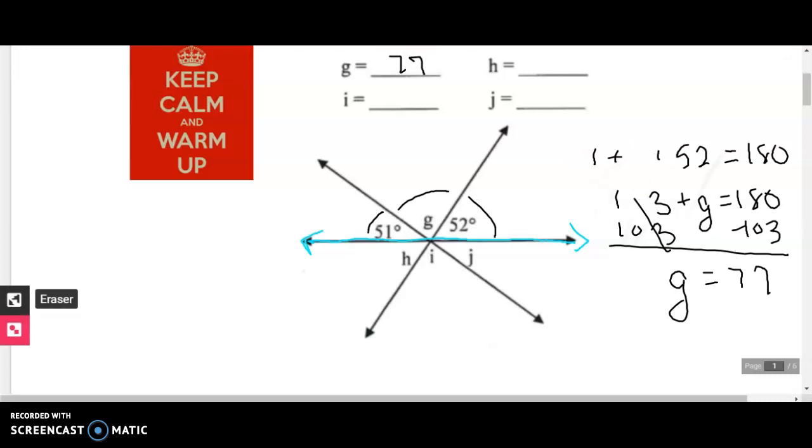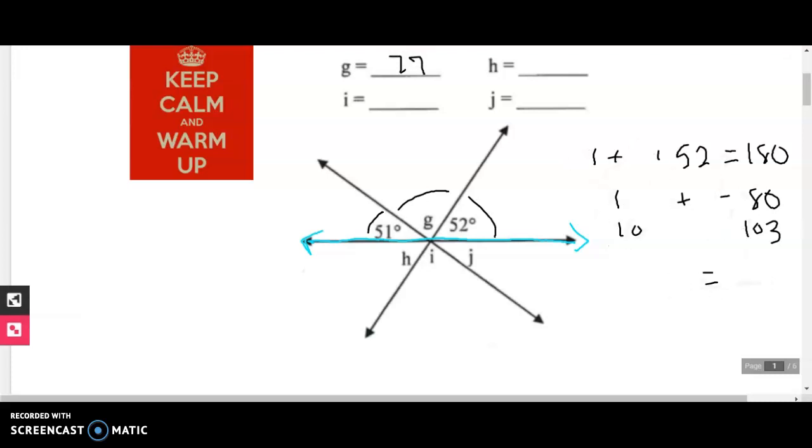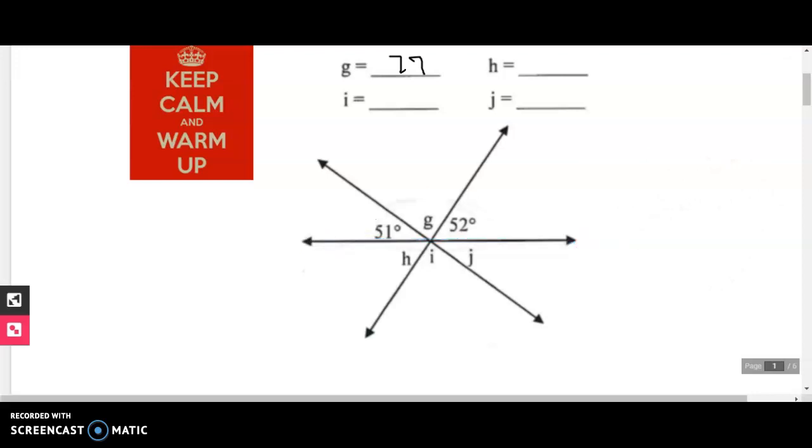Normally I tell you never to erase your work, but I'm going to need some of this room here, so I am going to erase this. But I am going to put 77 in for G because I am going to need that. Now, I have everything I need to answer all of the rest of the angles without doing any more math.